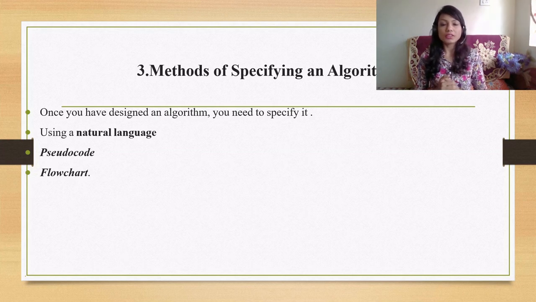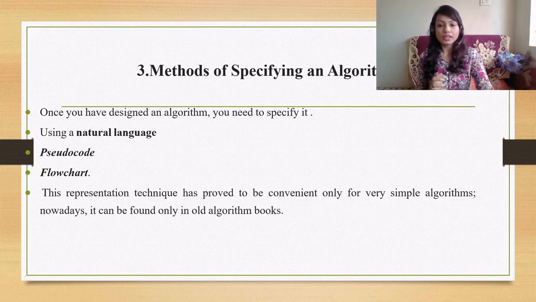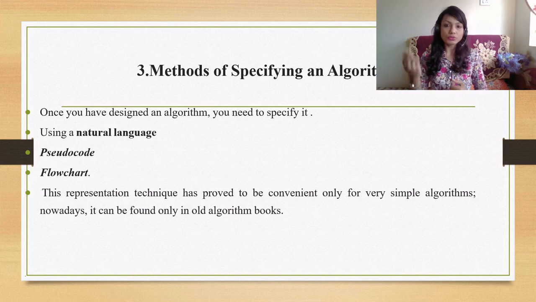For complex algorithms we cannot use it. And these flowcharts only exist in old books these days. One more thing to note: these three representations are for writing the algorithm, and these algorithms will not execute in the computer. To execute them in a computer, you have to convert them into a program.